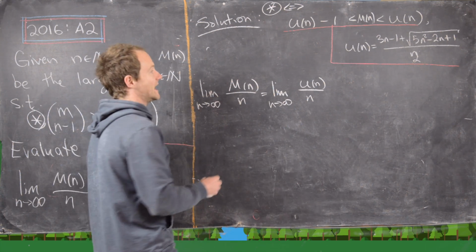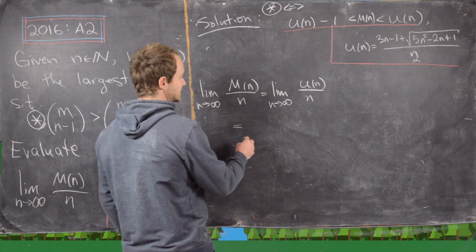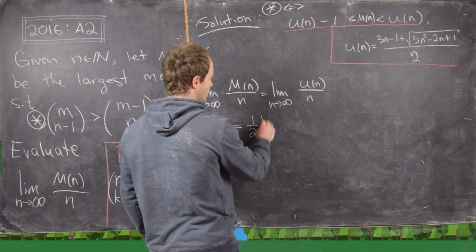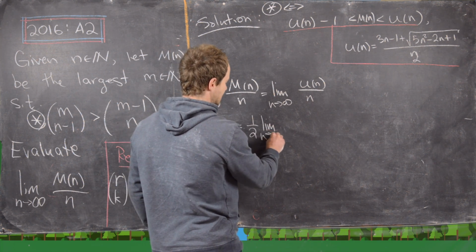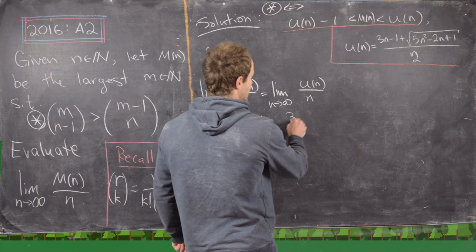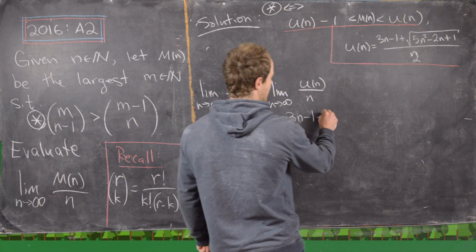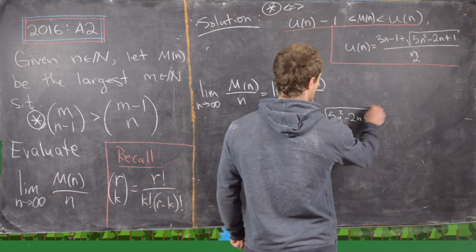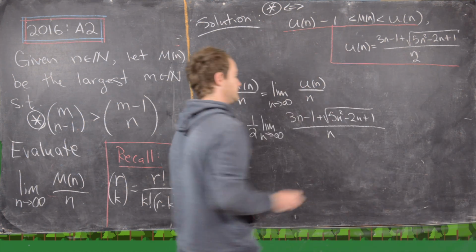And so let's go ahead and calculate that. I'm going to bring a half out, so this is going to be 1/2 the limit as n goes to infinity of 3n minus 1 plus the square root of 5n squared minus 2n plus 1, all over n.